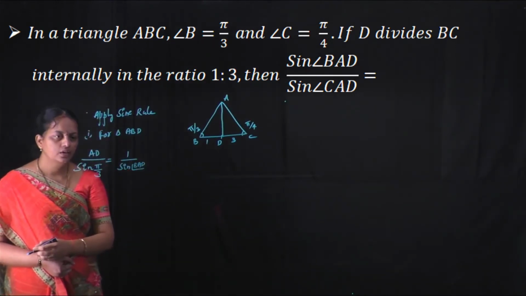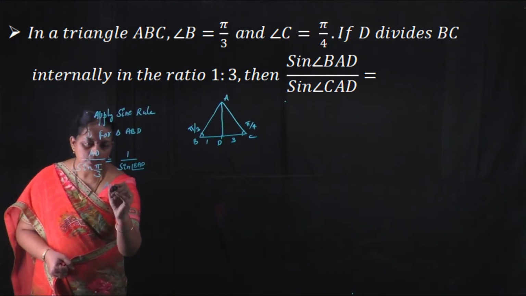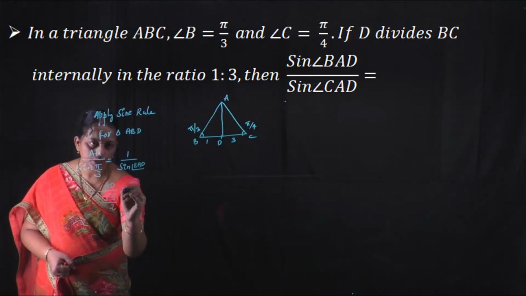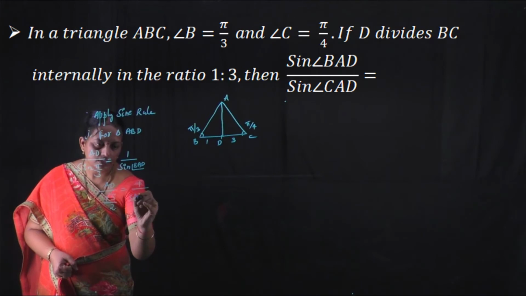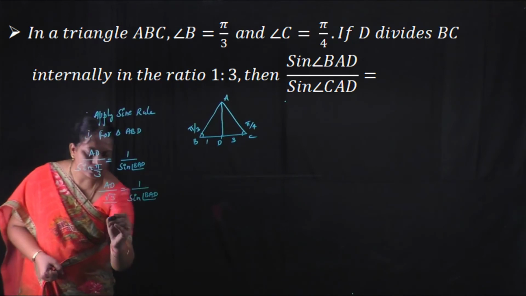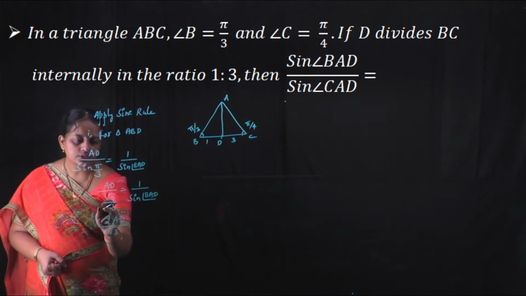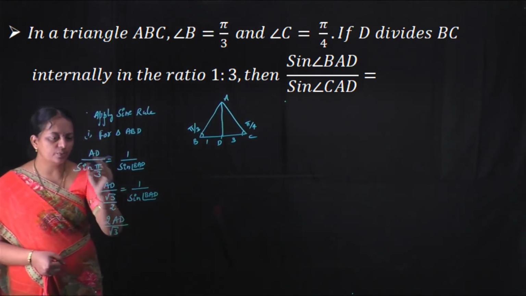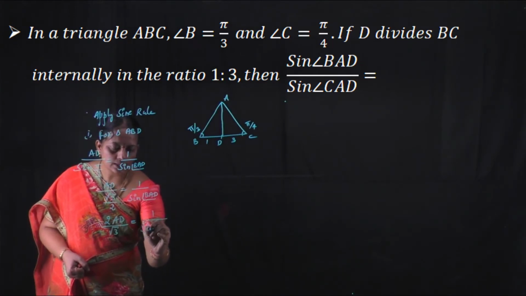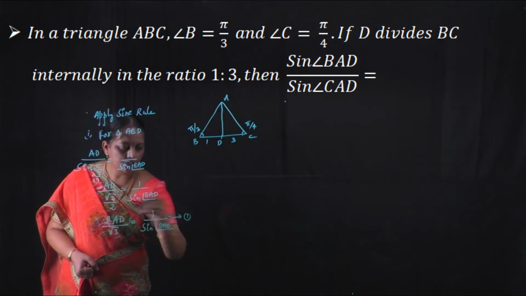Substituting the value of sine 60, AD by root 3 by 2 is equal to 1 by sine of angle BAD. From this you can write 2AD by root 3, since 2 is in the denominator of the denominator, so it goes to the numerator. Then 2AD by root 3 is equal to 1 by sine of angle BAD. Let it be equation 1.